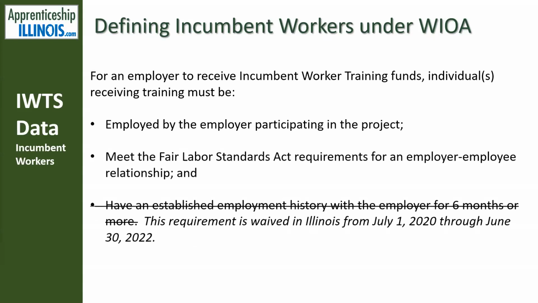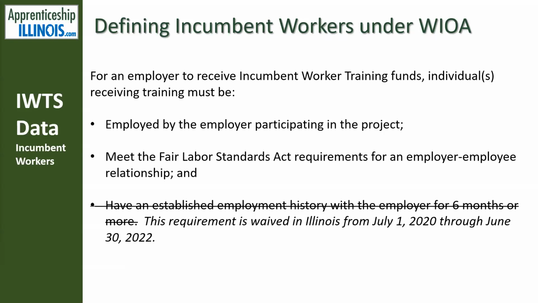Okay, so I'm going to endeavor not to read slides to you, but be mindful that in order to be an incumbent worker, by definition, you've got to be employed by the employer that's participating in the project. So that means you've got to have that employer-employee relationship established.